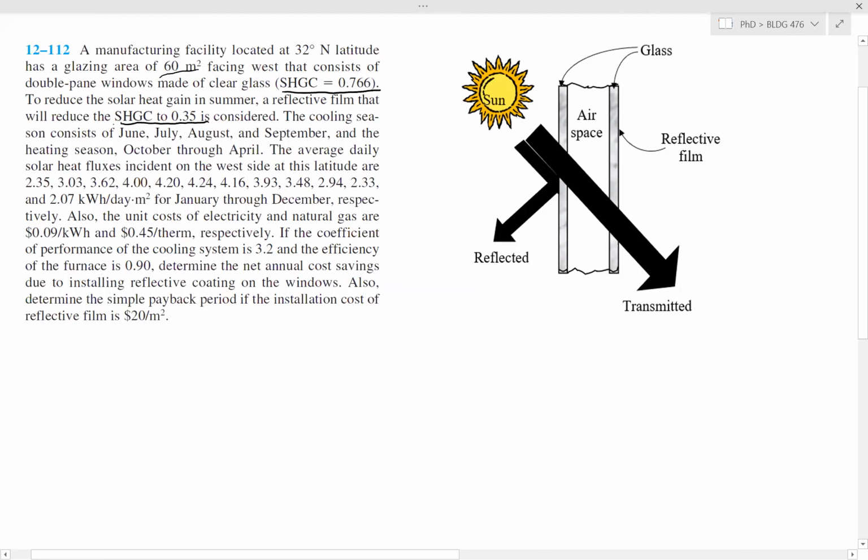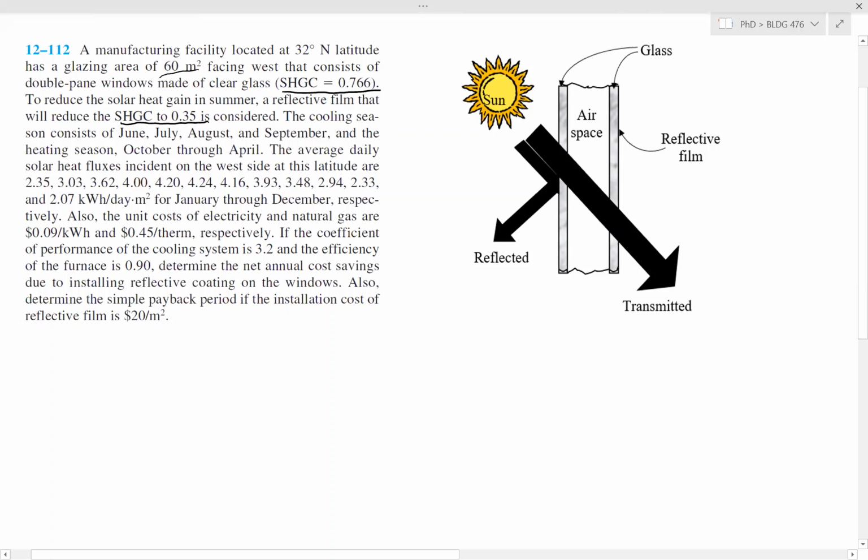Then they say the cooling season consists of June, July, August, September, and the heating season consists of October through April. The average daily solar fluxes incident to the west side in this latitude are all of these. So these are for the 12 months of the year.